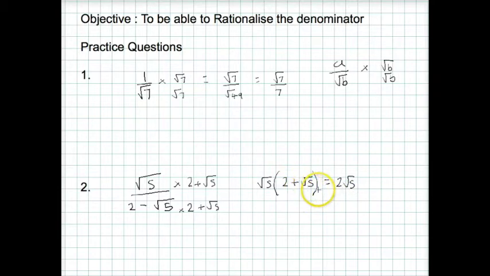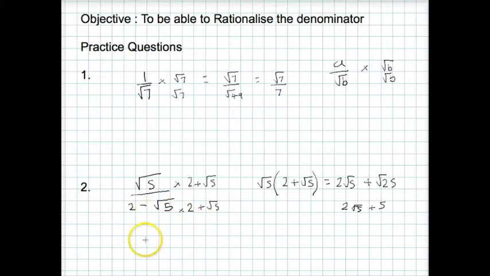And root 5 times root 5 gives us positive root 25. So what we're going to have on the top is just 2 root 5 plus 5. That's what we're going to have on the top.